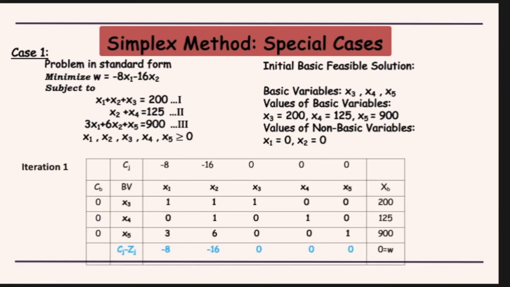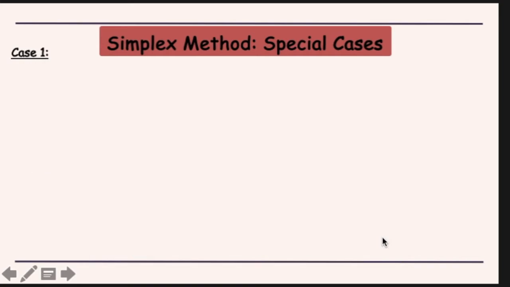So this is the tableau corresponding to the first iteration. Here we see that corresponding to x2, the value of Cj minus Zj is most negative, and being the minimization problem, this becomes our entering criteria, and according to the minimum ratio we would decide on the leaving criteria. So I am just going to skip that part, and I will straight away now move to the third iteration.